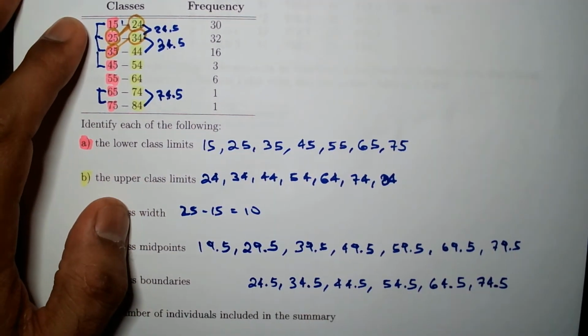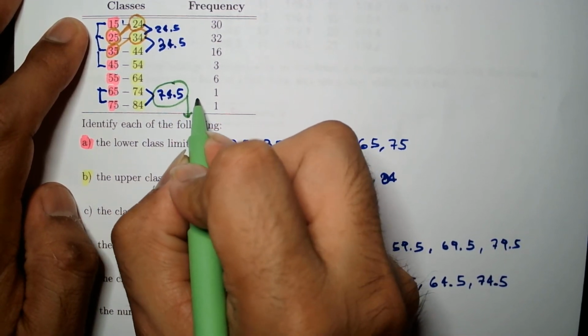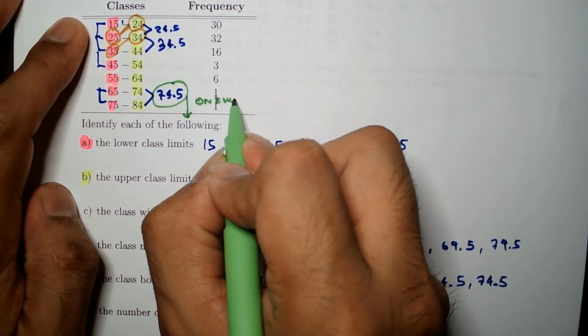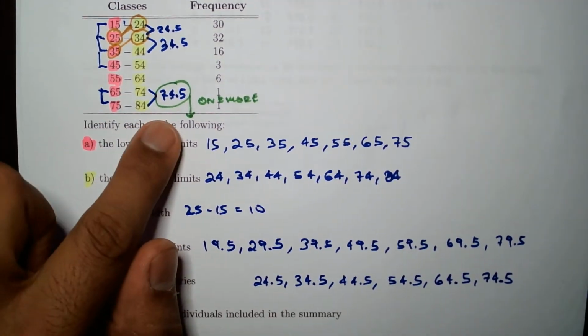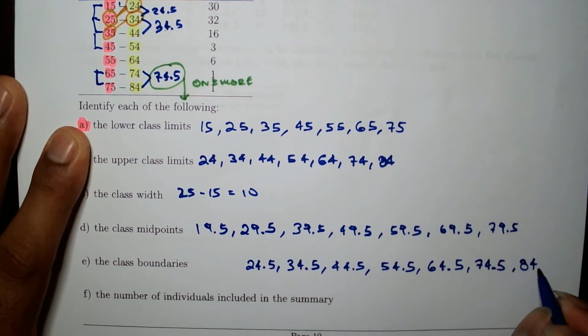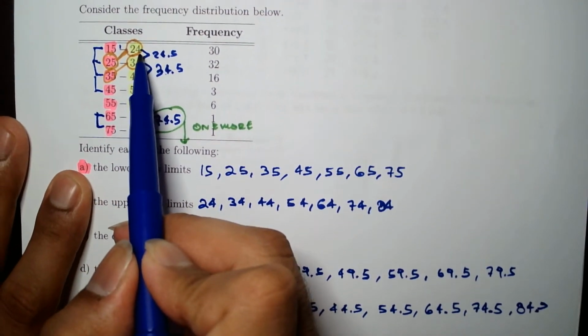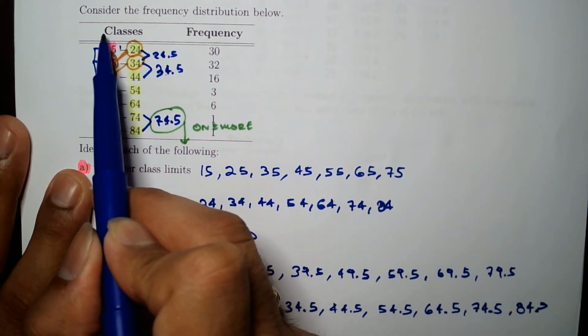Now the problem here in this case, we need to go one more for each. For the highest that we calculated, do one more. That is, add 10 to this to get 84.5. And over here we need a lower boundary right here.